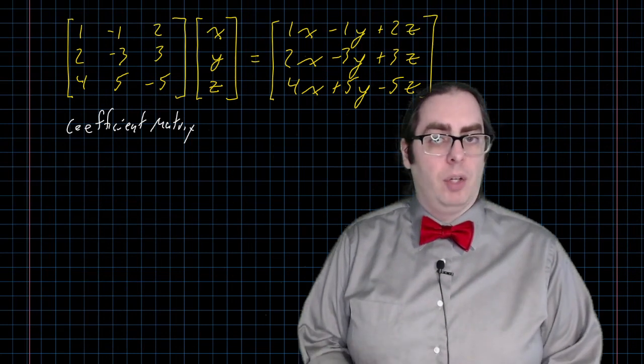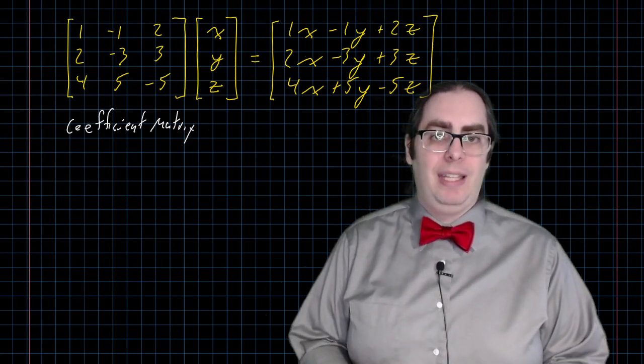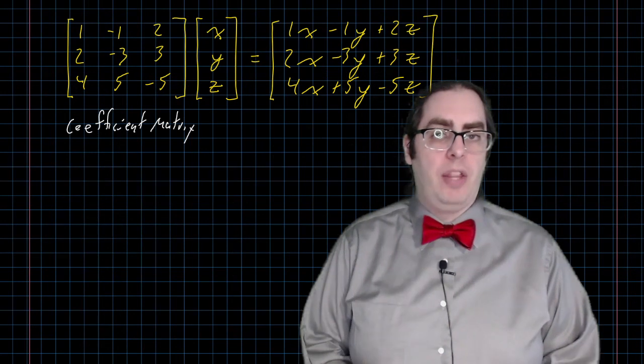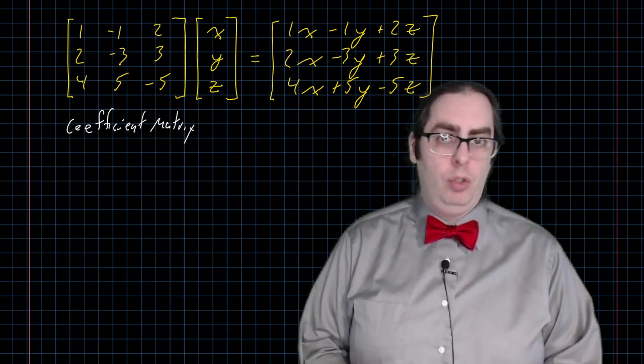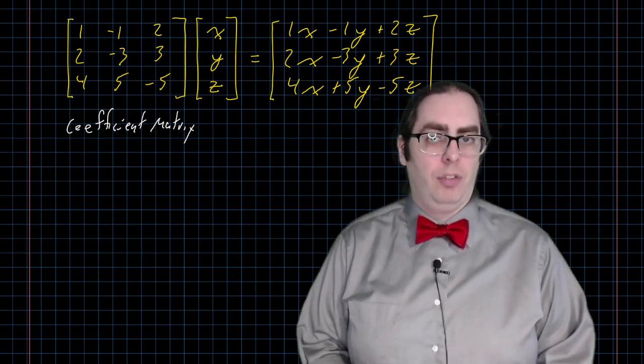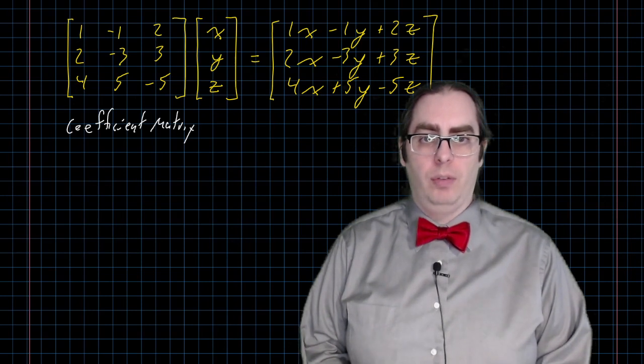A little bit later on, we will look at how we can take this, set it equal to another vector, and use that as a new tool for analyzing the solutions to systems of equations.